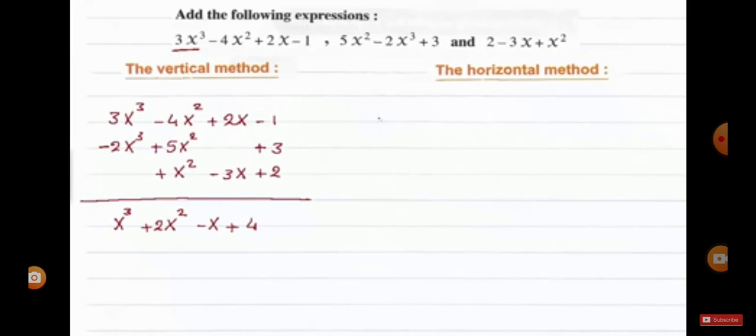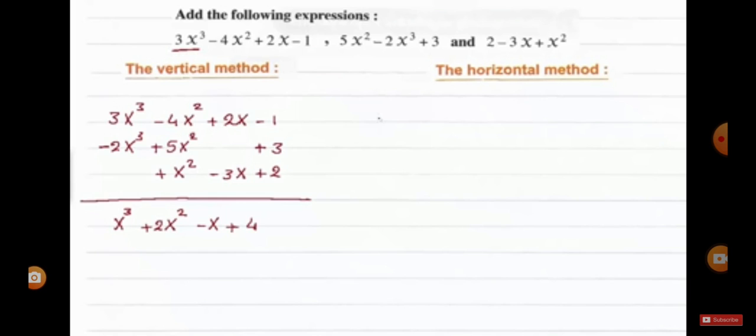Then arrange the next expression: negative 2x power 3 under x power 3, positive 5x power 2 under x power 2. But here, I don't have 2x. I don't have x power 1. Then I make a space under 2x without any term because I don't have x power 1.